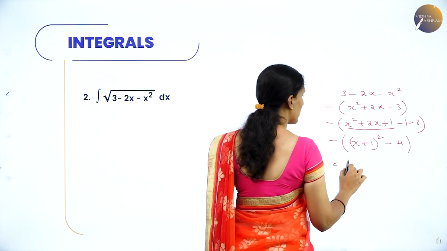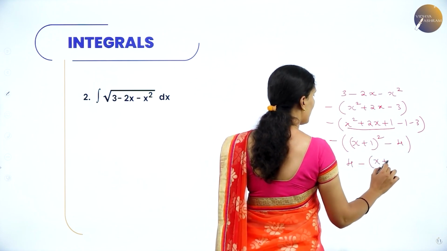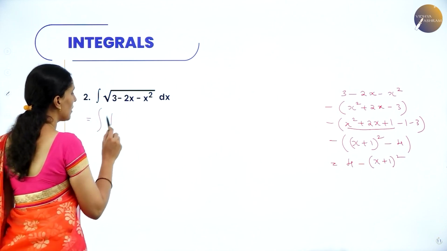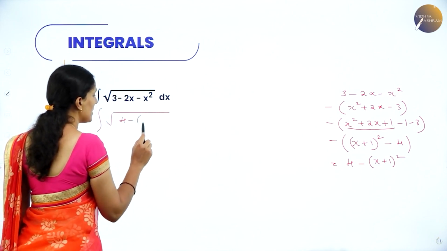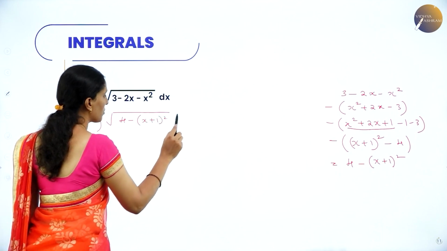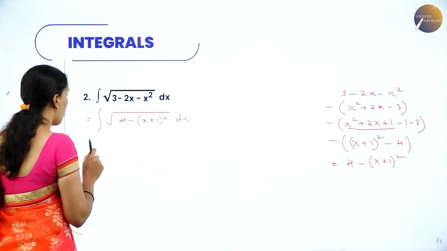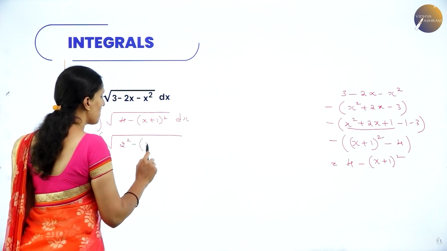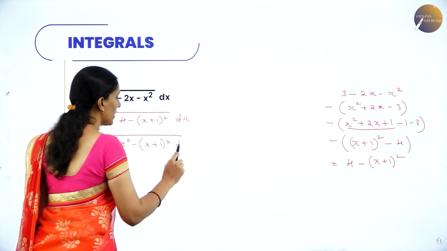And this can be written as 4 minus x plus 1 whole square. So therefore, here you can write this as integral of root of 4 minus x plus 1 whole square with respect to dx. Or you can write this in the form of 2 square minus x plus 1 whole square dx.